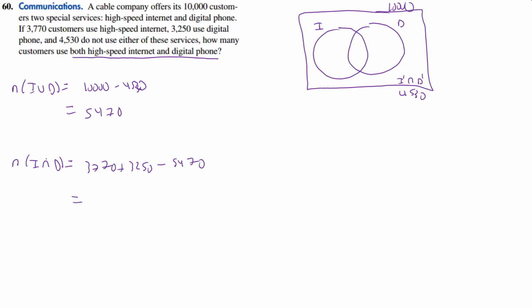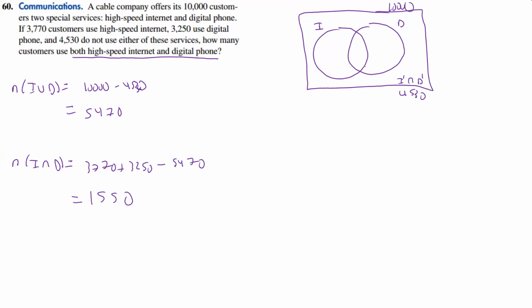That would give us the intersection. And so that gives us 7020 minus 5470, which looks to be 1550. Okay.